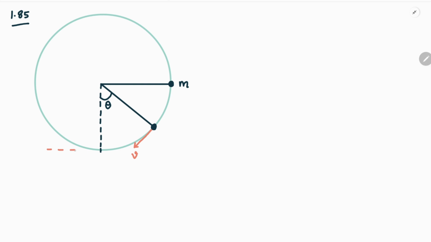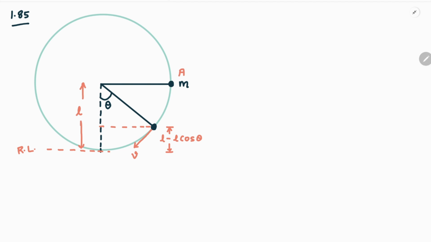We consider the lowest point in its path as the reference level, and therefore if we calculate the height at different places, at point A from where the sphere is released, it is at the length of the thread, which is equal to L. If this is L, then this is going to be L cos theta, and this height is going to be L minus L cos theta.